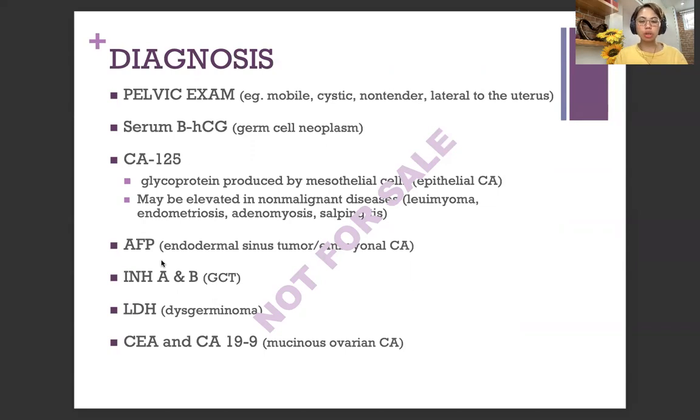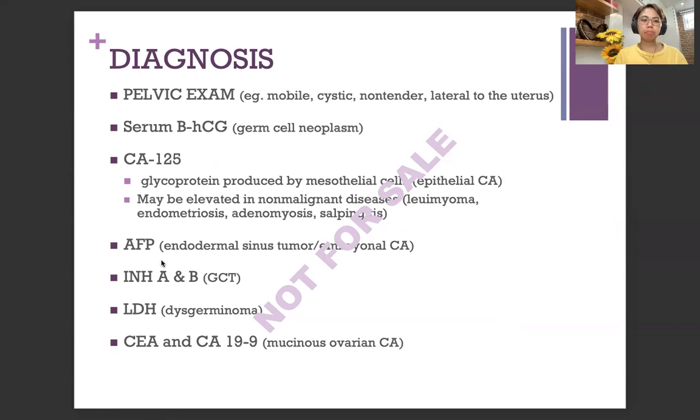Okay, these, however, may be elevated in non-malignant diseases such as leiomyoma, endometriosis, adenomyosis, and salpingitis. That is why I said this is a tumor marker for carcinoma or epithelial carcinoma, because this is a glycoprotein produced by mesothelial cells.